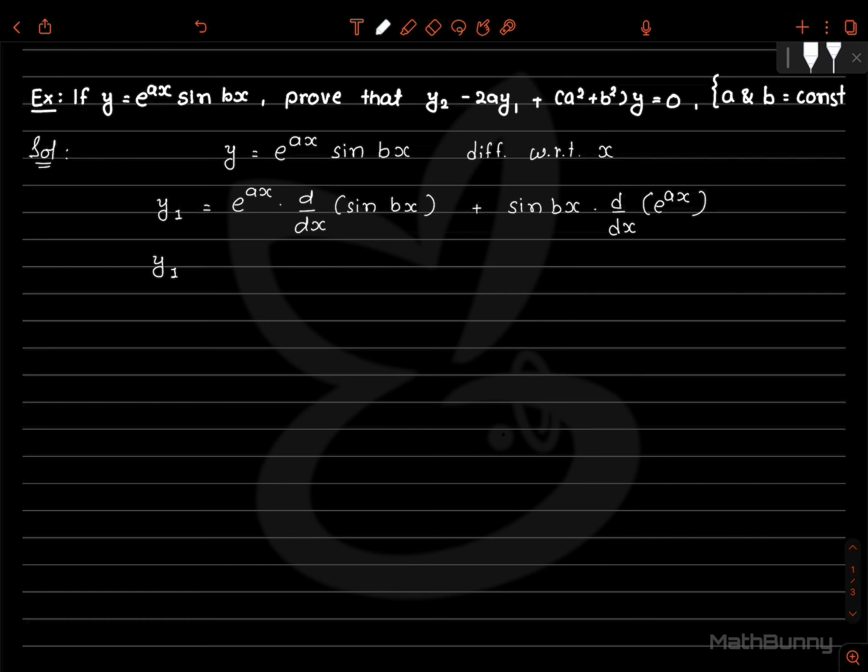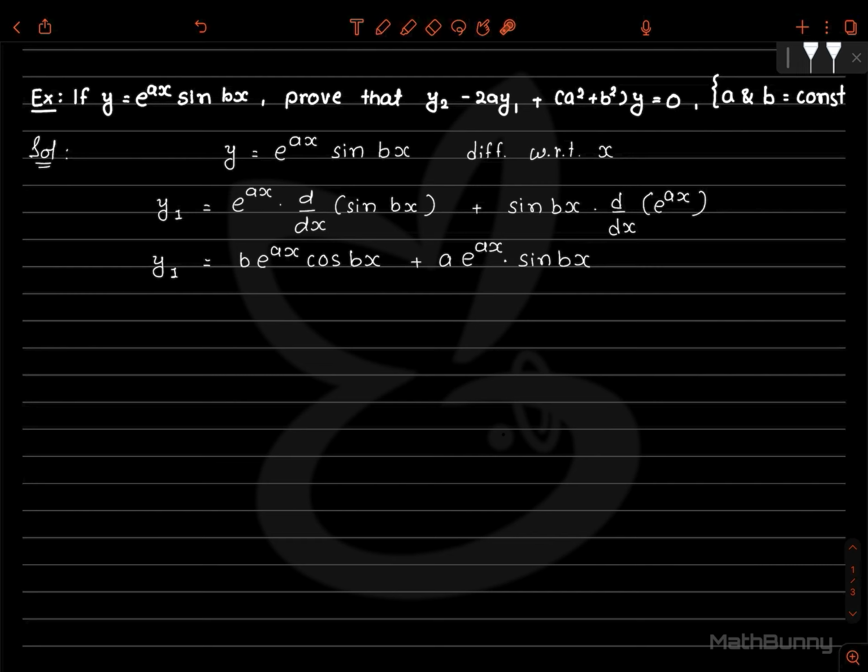This would give us y1 is equal to b e raised to ax cos bx plus a e raised to ax into sine bx.